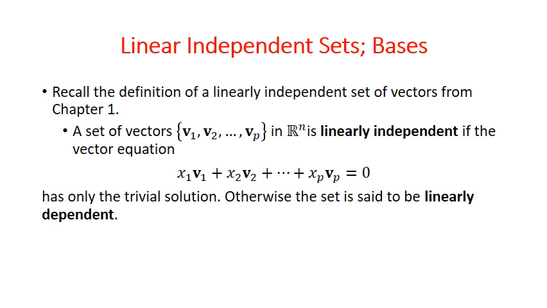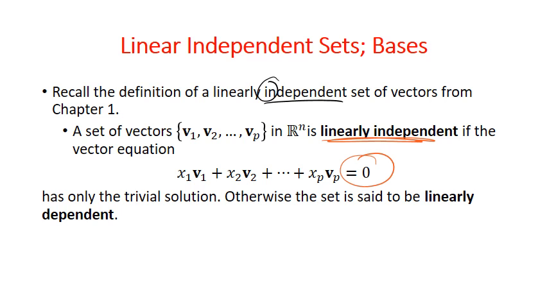So remember that the definition of linearly independent sets from chapter 1: a set of vectors in Rn is linearly independent if the vector equation is equal to 0.